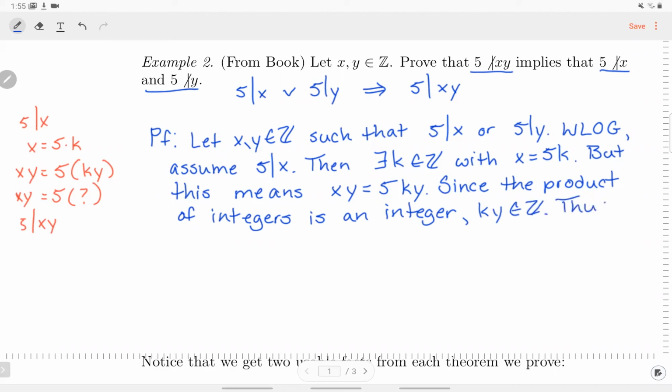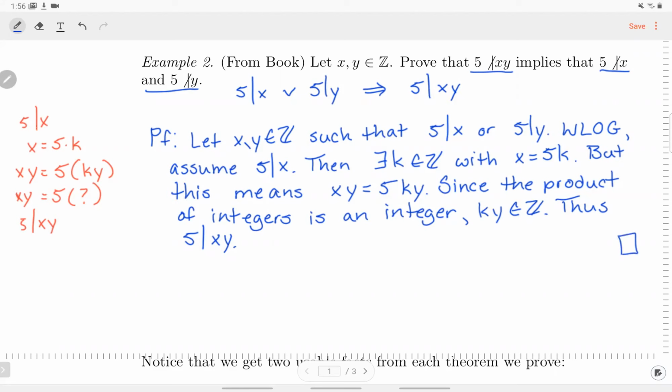Thus, 5 divides xy. Again, at this point, we're done. We could technically add another sentence that says, therefore, by contraposition, blah, blah, blah, and state our original. But technically, we're done here.